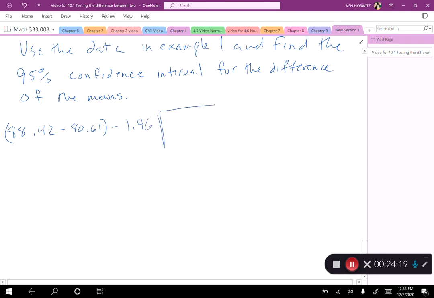That just came from the other problem. And then our sample sizes were big enough, so I'm going to use my S. 5.62 squared over 50 plus 4.83 squared over 50. And then I'm going to say less than mu1 minus mu2, which would be less than.